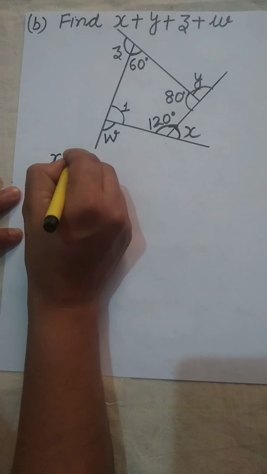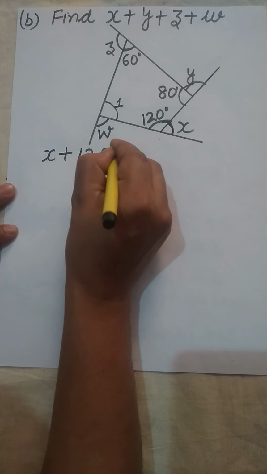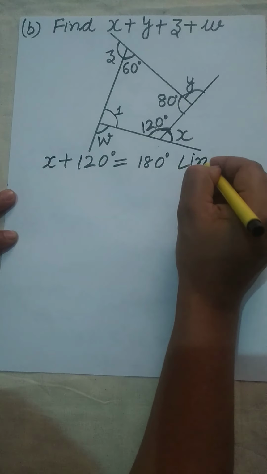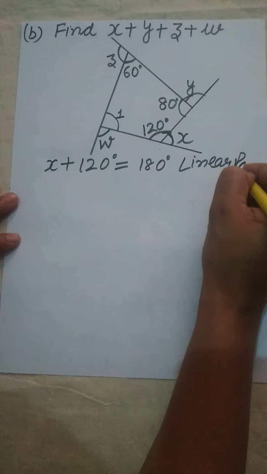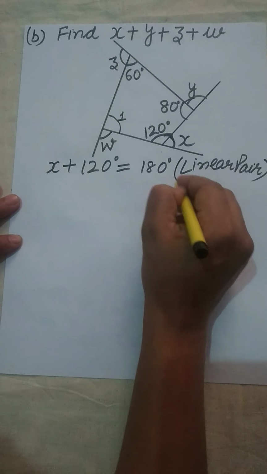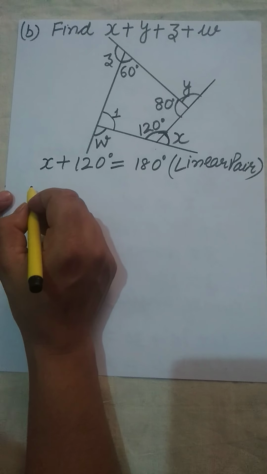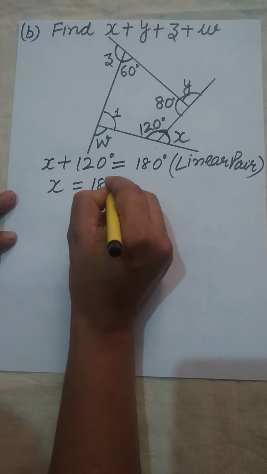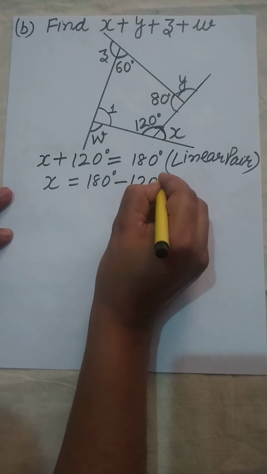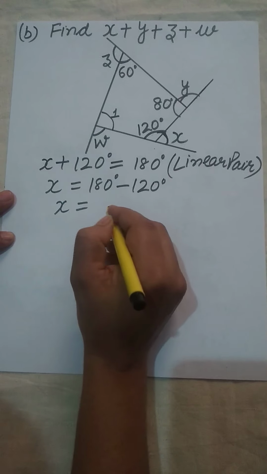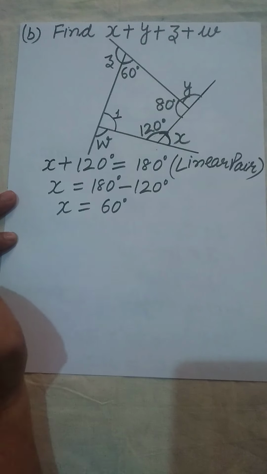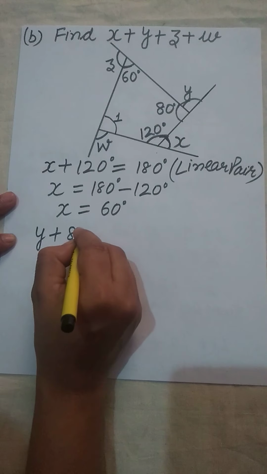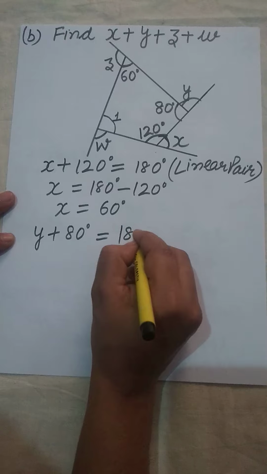X plus 120 degree is equal to 180 degree. Linear pair. Students, always we are to write down the reason whenever we are to find the value of angles. So x is equal to 180 degree minus 120 degree and x is equal to 60 degree. Now for y, again y plus 80 degree is equal to 180 degree.